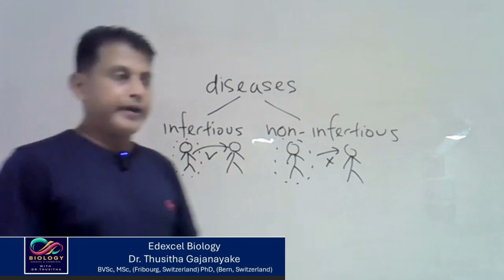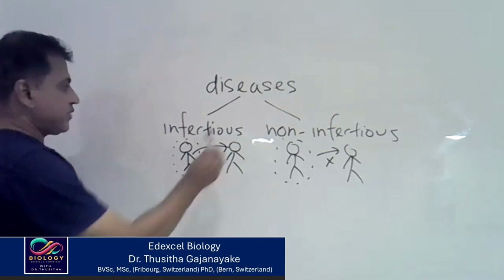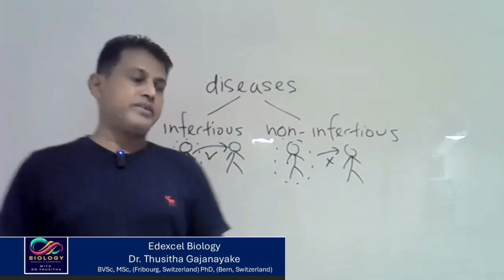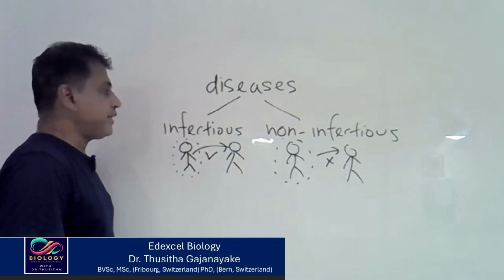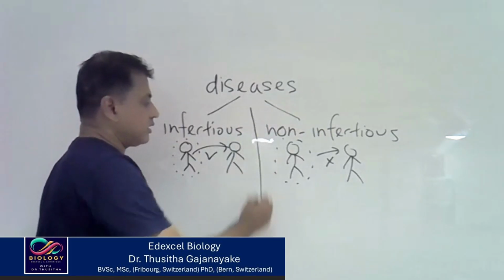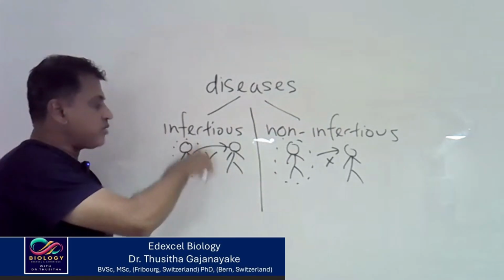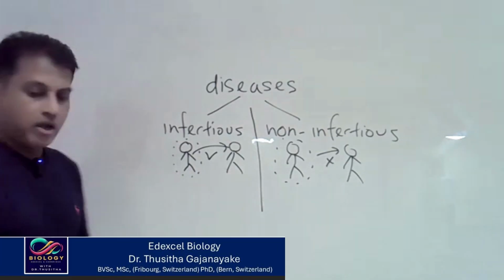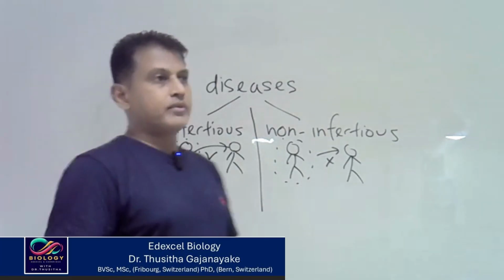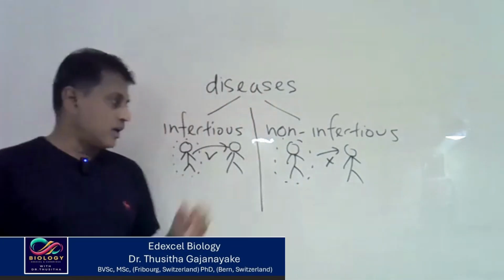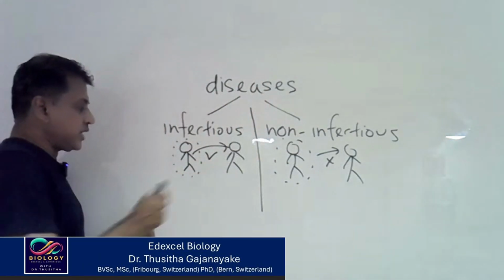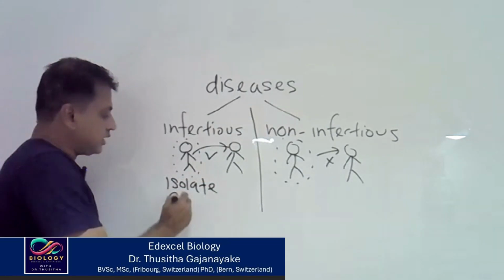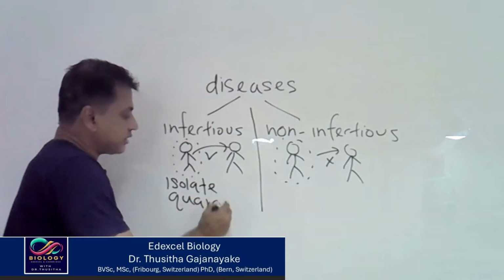Now, I think you are good victims of infectious disease during COVID-19 time, because you have seen things very nicely. When there is an infectious disease and people can spread it, we have one method to control it. These people we are going to isolate. That's called quarantine.